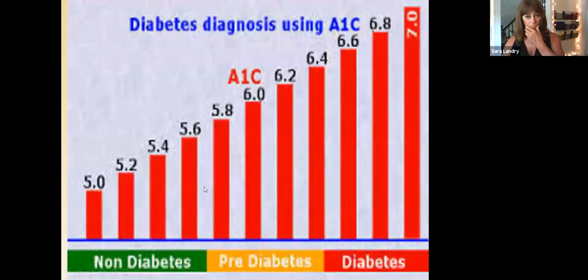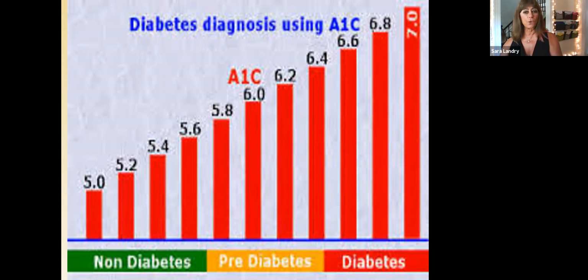Now, here's a chart that shows you different A1C scores, starting with 5 at the very bottom and going all the way up to 7. If your A1C score is 5 to like 5.8, you probably don't have diabetes.